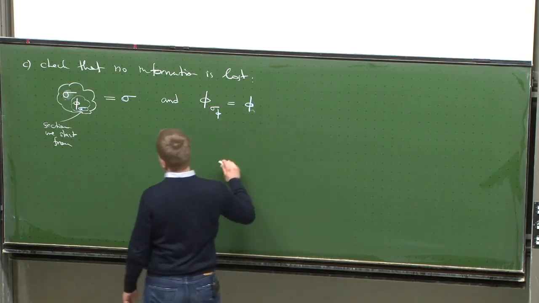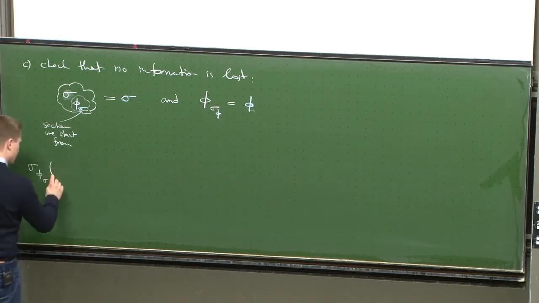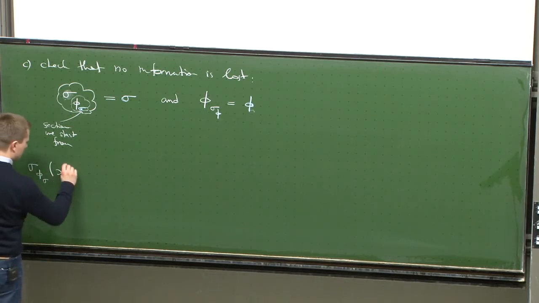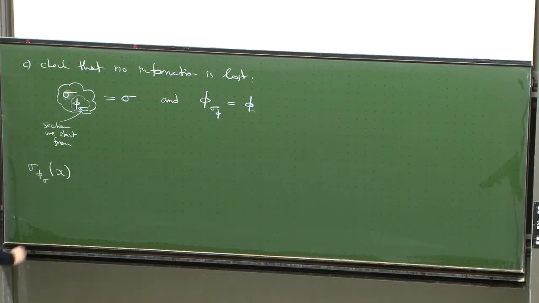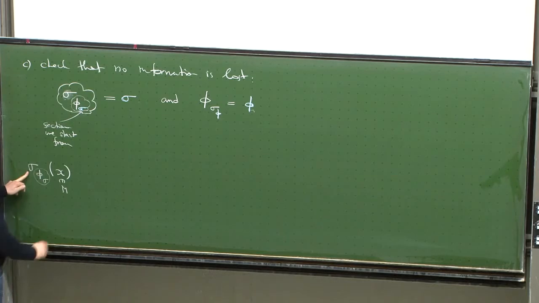Let's write down sigma phi sub sigma. It must start on some x of the manifold M. What's the definition of sigma down phi?